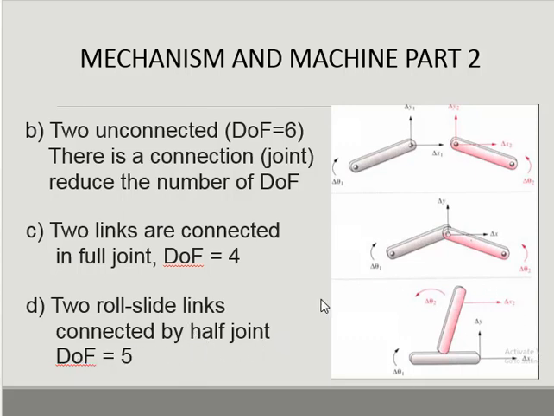If we have a joint like this, a rolling sliding link connected by a half joint, you can count 5 degrees of freedom. 2 rotations, one for each part, and one part has 1 translation motion along the x-axis like this, and the second part has 2 translation motions, x-axis direction motion and y-axis direction motion.